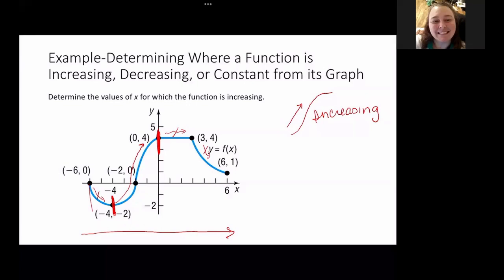So, remember, we're going to do it in terms of x. So x is increasing between -4 and 0. You don't put or equal to because you don't know what's going on at that point. So it is just the less than.